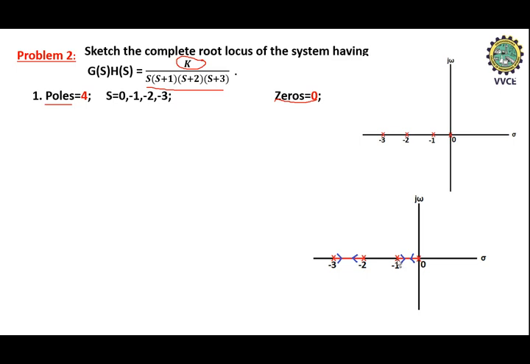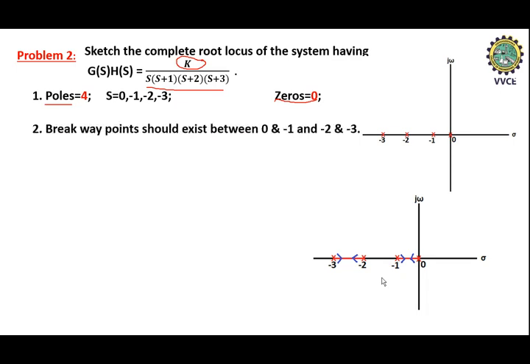Here another pole is at minus 1 and it is going outwards from the minus 1 pole. The third pole is at minus 2, going outwards. Minus 3 also is going outwards. And you may get a question like why this pole is moving towards 0, not towards minus 2.